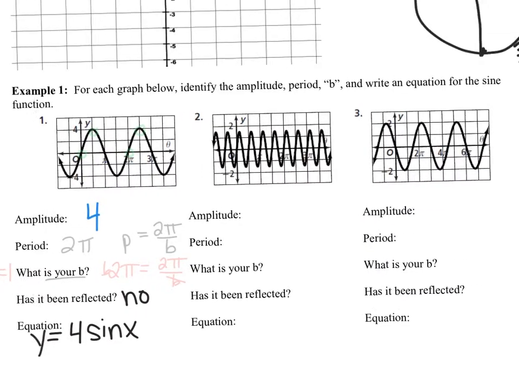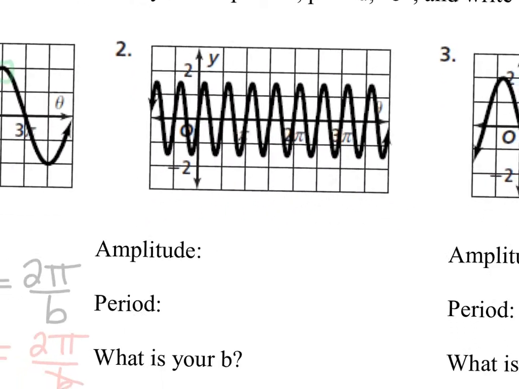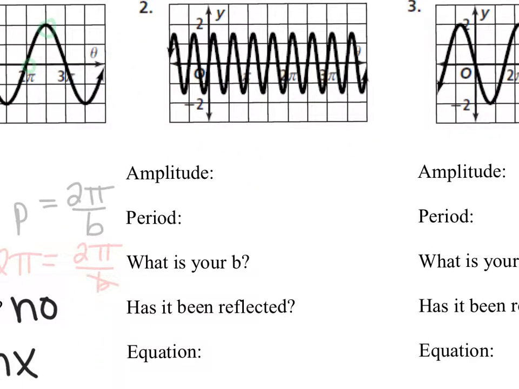Okay, number 2. Gonna maybe zoom in a little bit. So if I look, my amplitude is going to be 1.5, because it's going from negative 1.5 to 1.5, so my amplitude's 1.5, or 3/2. The period, this one's kind of harder to see, but I'm going to go from here to here, because within this part it has a maximum and a minimum. So if pi is right here and my period's going from here to here, this is a cycle.